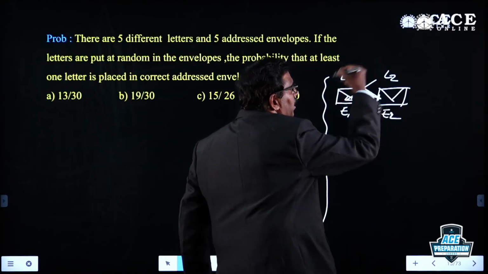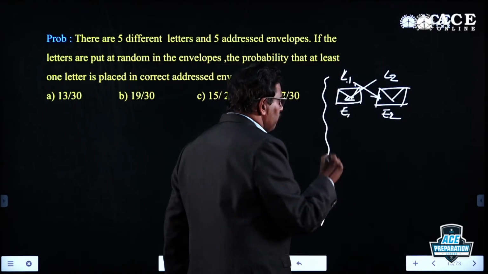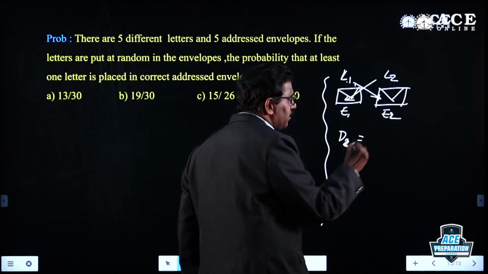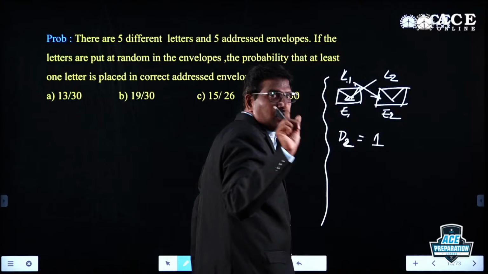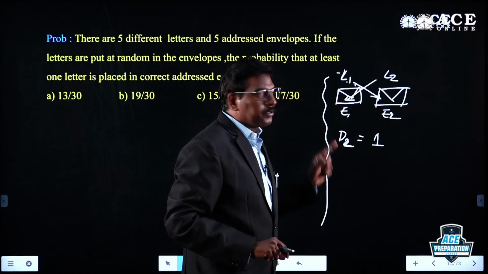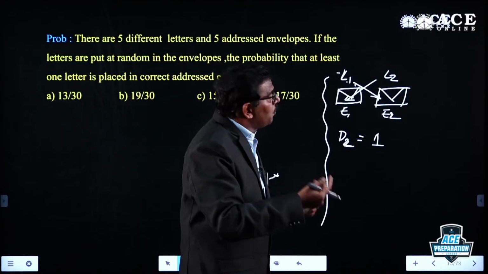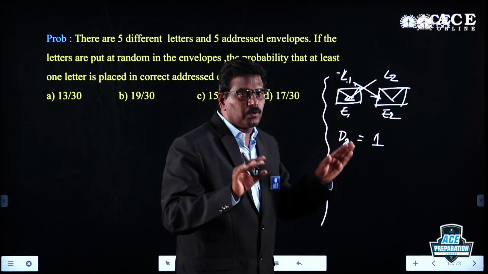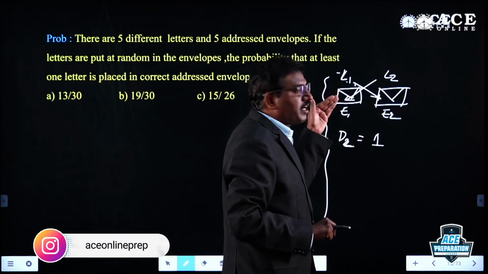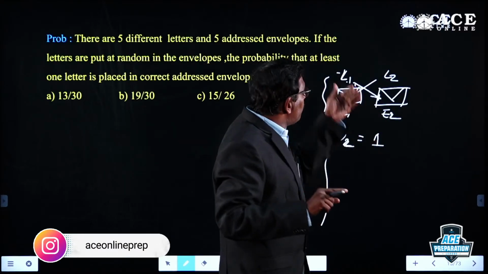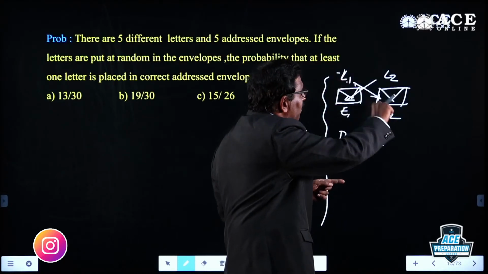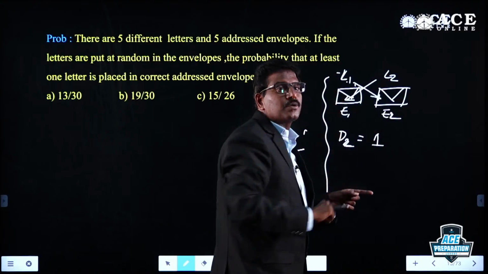Suppose 2 objects, here meaning 2 letters. For 2 objects, D2 means the derangement of 2 objects. How many derangements? 1. Don't confuse: letter 1 in E2 and letter 2 in E1 is not 2 derangements. Don't count like that. All possible derangements here are one only, because you have to consider both together.